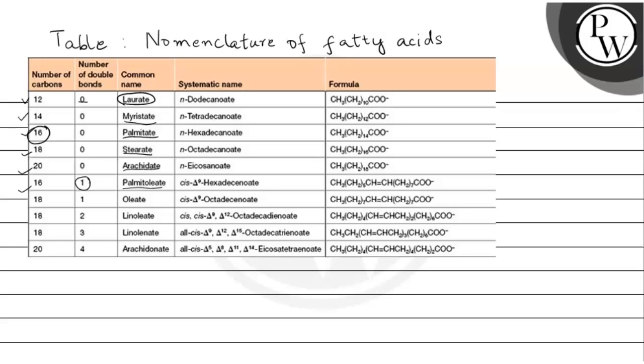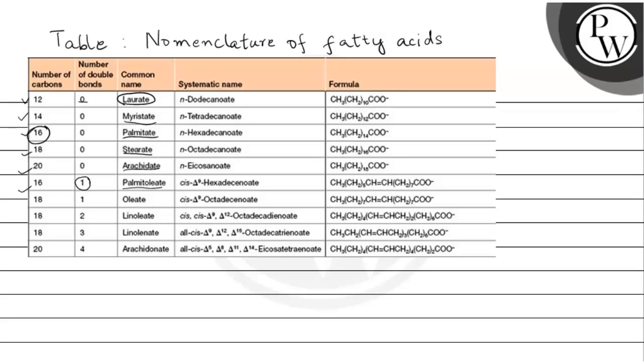So palmitate and palmitoleate differ from each other in the number of double bonds. Again, oleate has 18 carbon atoms and 1 double bond. Then linoleate has 18 carbon atoms and 2 double bonds. And at the last, we have arachidonate, which has 20 carbon atoms and 4 double bonds present in the hydrocarbon chain.